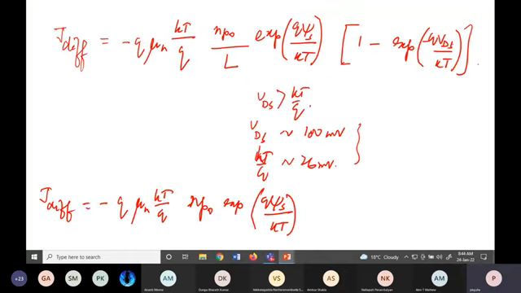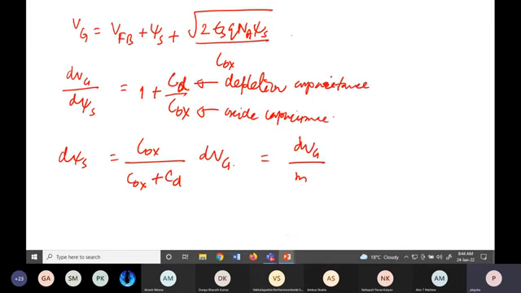So this is J diffusion, and this psi S. If you look at a conventional semiconductor device book, you will get this formula. That is the relation between psi s and Vg. VFB is the flat band voltage.